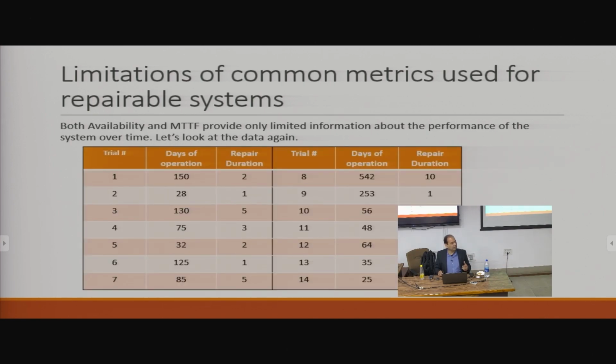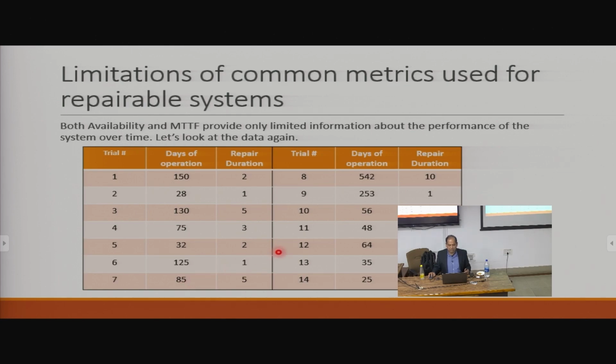So we again look at the data that was presented earlier. So you see this system here at the beginning seems to have longer success times than towards the end when it fails pretty often, right? So the mean time to failure, if we calculate using just the first 8 operation periods, will be very different from what you got in the subsequent operational periods.